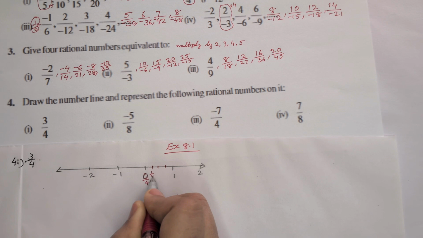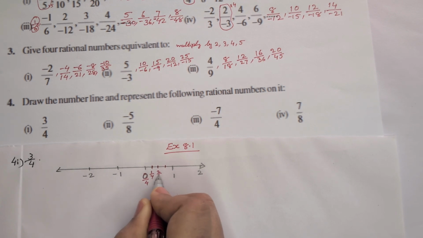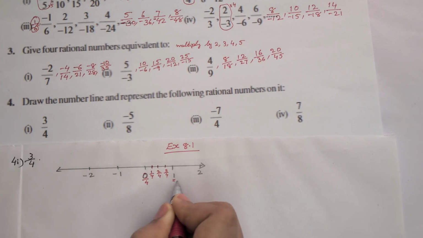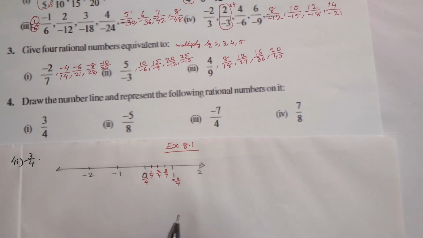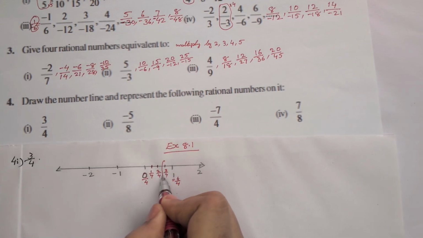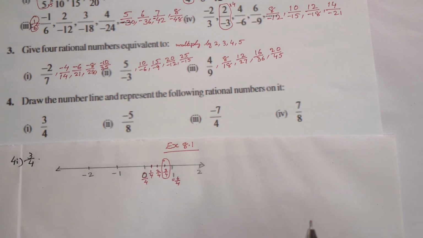Then 1 by 4, the next is 2 by 4, this is 3 by 4. 1 is the same as 4 by 4. Now the number 3 by 4 is this point between 0 and 1.